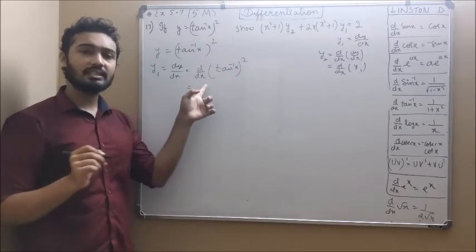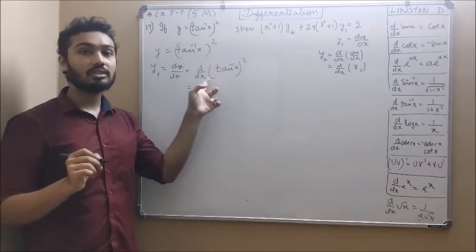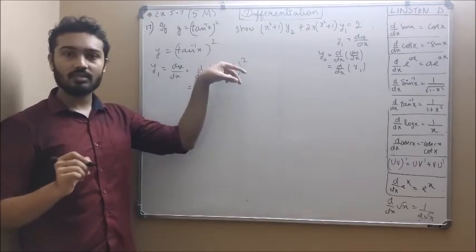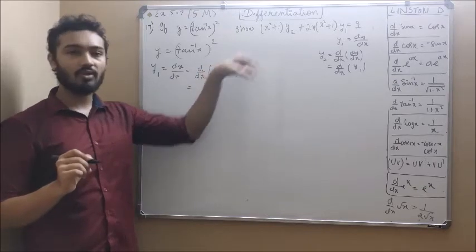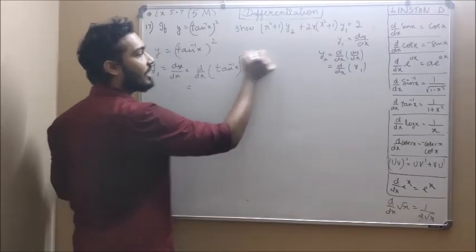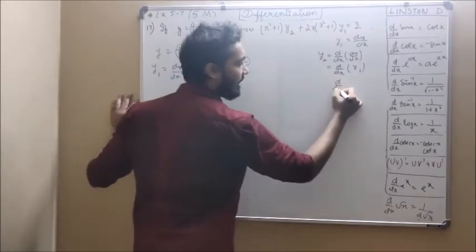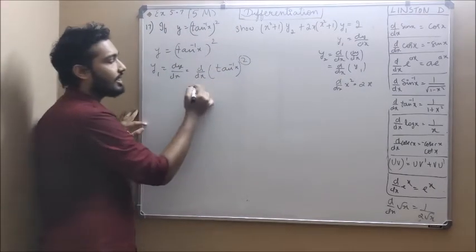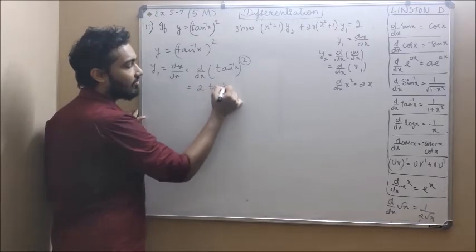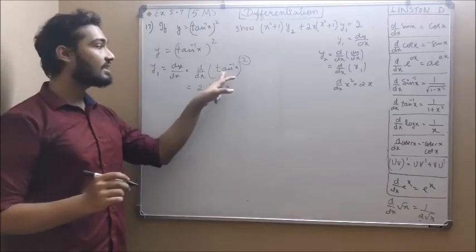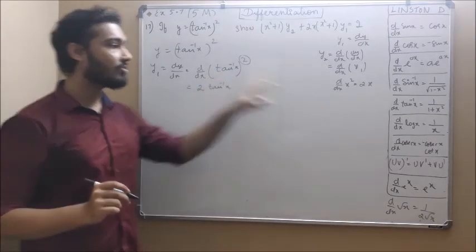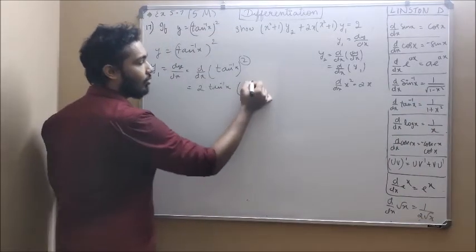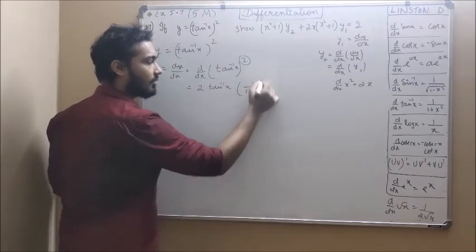Now how to differentiate this? We have to apply chain rule because there are two functions. One is the power function square, second one is tan inverse x. First differentiate the power function. What is differentiation of x square? D by dx of x square is nothing but 2x. Instead of x there is tan inverse x, so it is 2 tan inverse x. Next we have to differentiate tan inverse x. What is differentiation of tan inverse x? It is 1 by 1 plus x square.